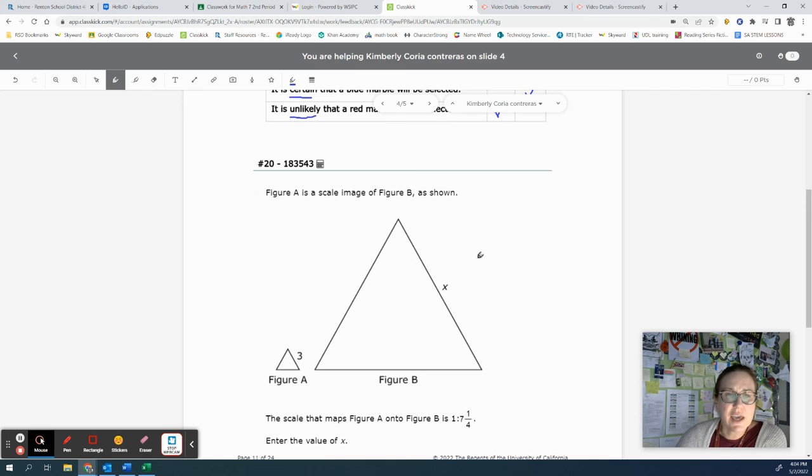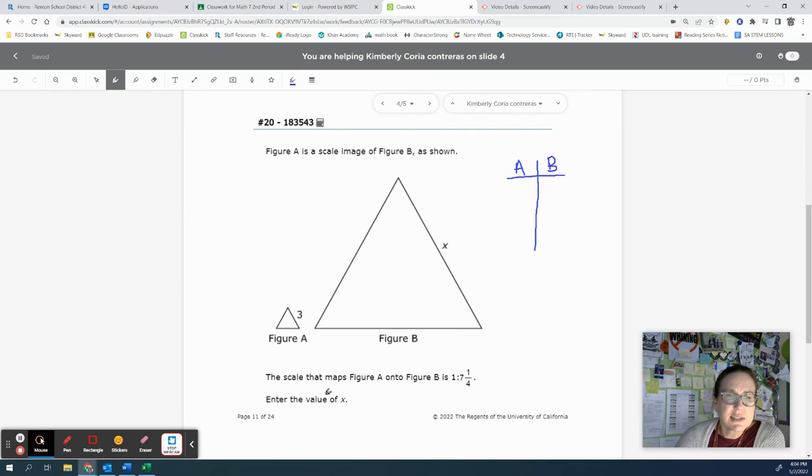Figure A is a scale image. So this is just a ratio, you guys. So it's a scale image, figure A and figure B. And it says the scale of the map from A to B is 1 to 7 1/4.